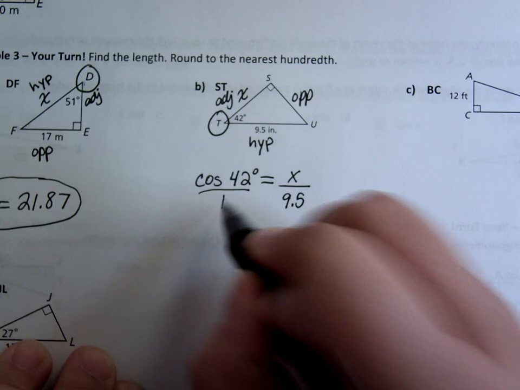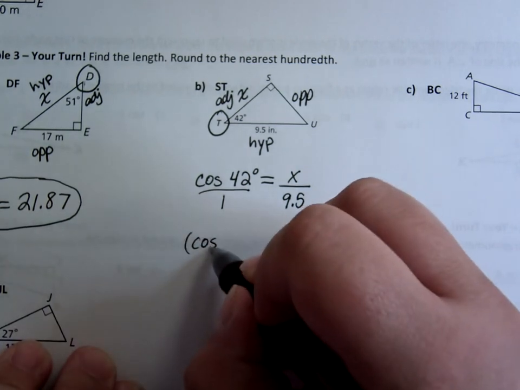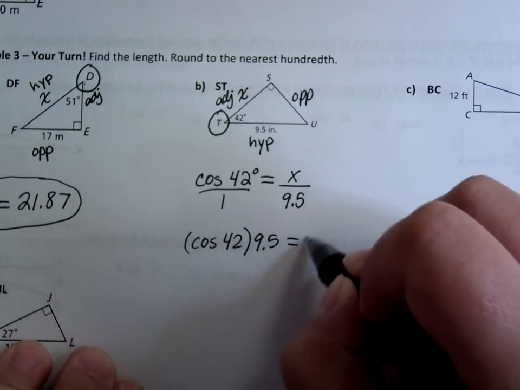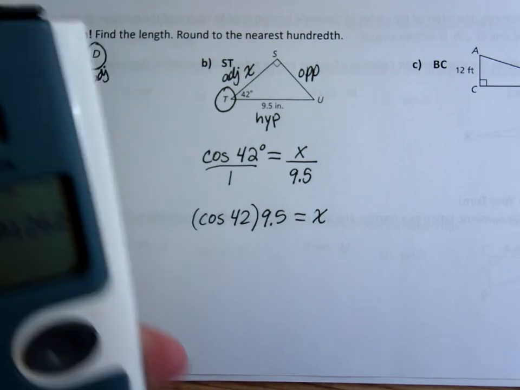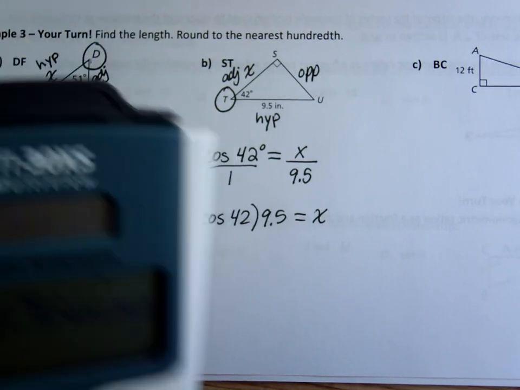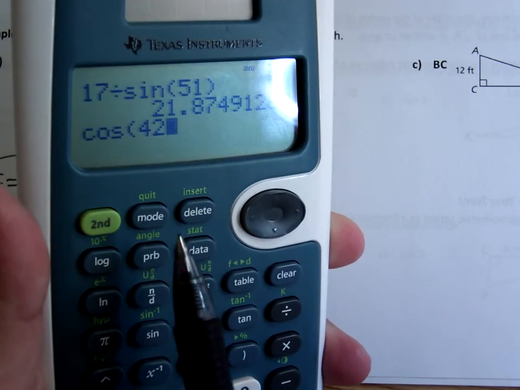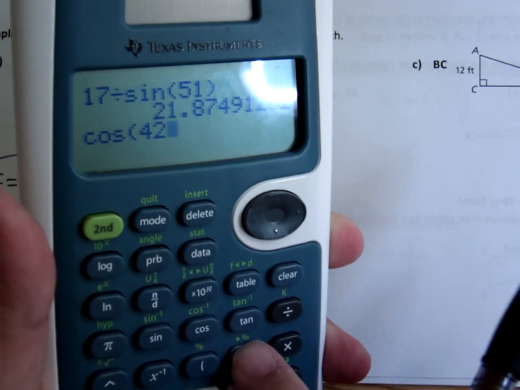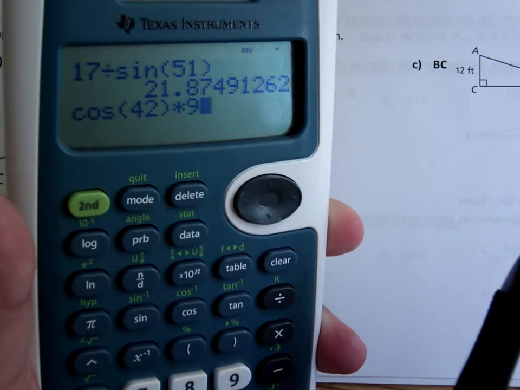Now I'm going to cross multiply. That will give me cosine 42 times 9.5 equals x, and this is when I go to my calculator, only when x is already alone. So cosine 42, right now, this is the moment of truth. Close your parentheses or press enter. Cosine 42 times 9.5.